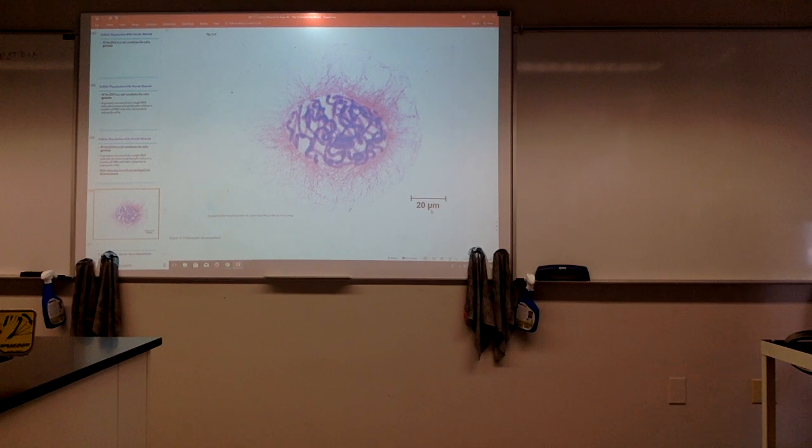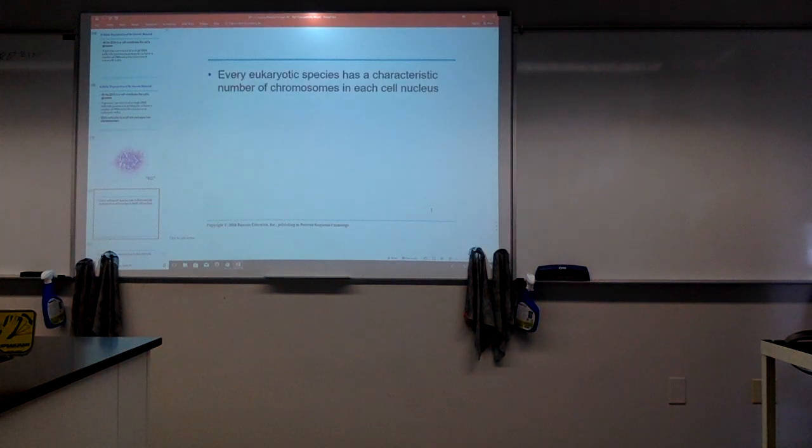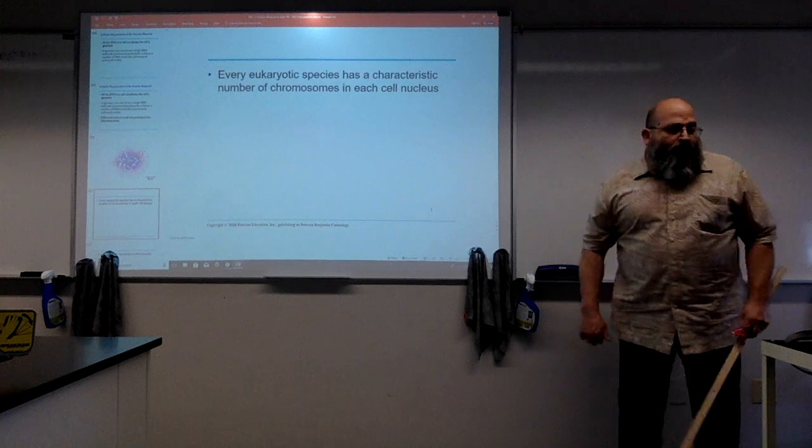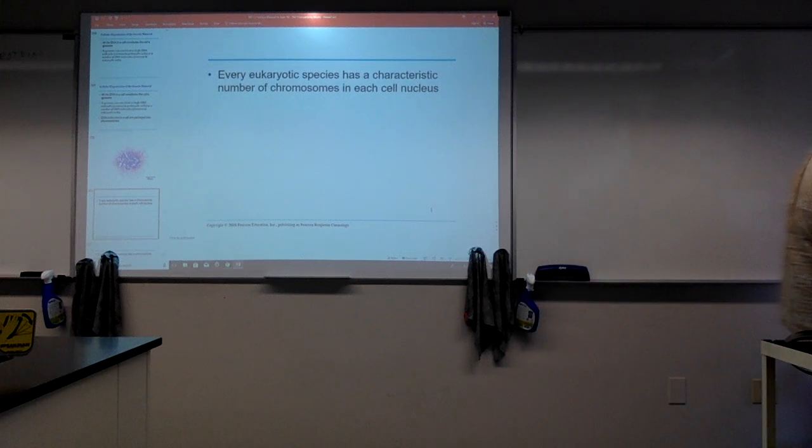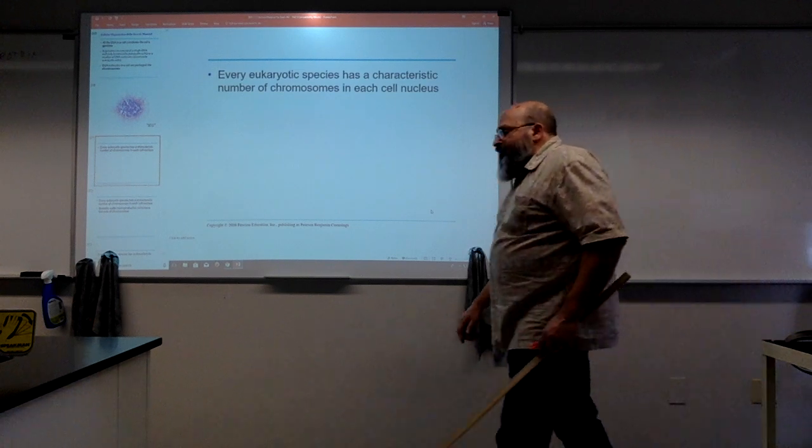But they are there, and they are fully functional. They are working. In fact, they do most of their work in the form of chromatin. They only divide in the form of chromosomes. So each species has a characteristic number of chromosomes in each cell nucleus. In humans, the characteristic number is 46.